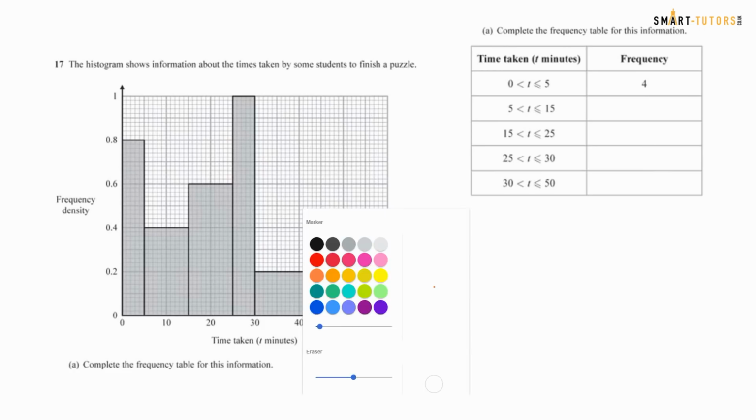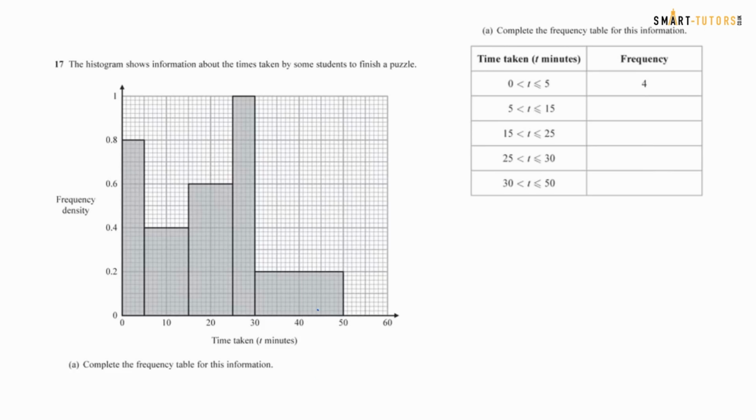The only thing we need to know for this question is that frequency density equals frequency divided by class width, or frequency equals frequency density times class width.